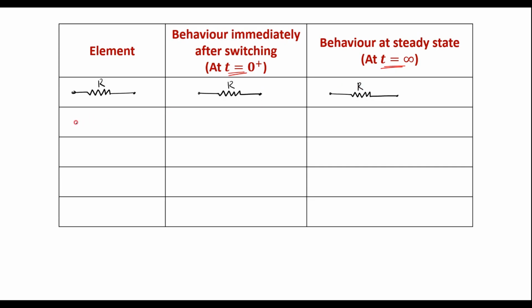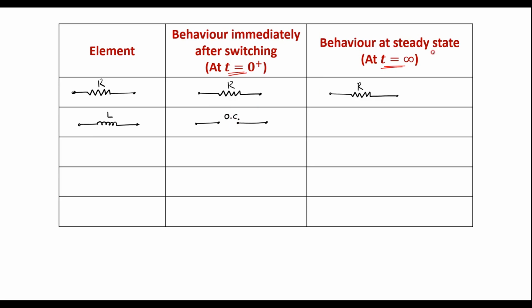Suppose I consider the inductor, the behavior of the inductor at t equal to 0 plus. So at t equal to 0 plus, the inductor acts like an open circuit. Here it is open, it means the inductor is removed, it acts as an open circuit.